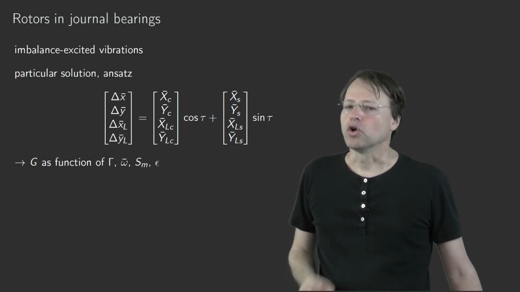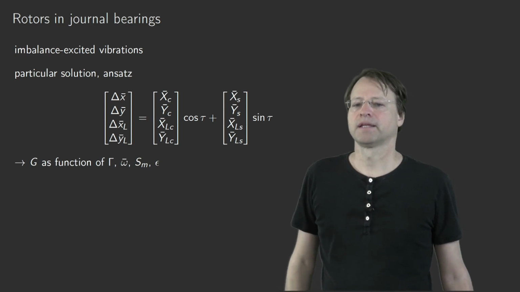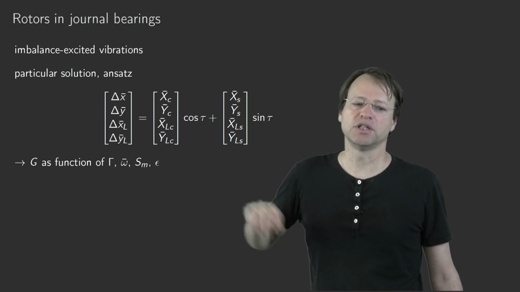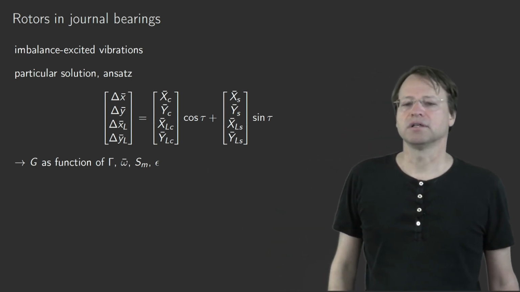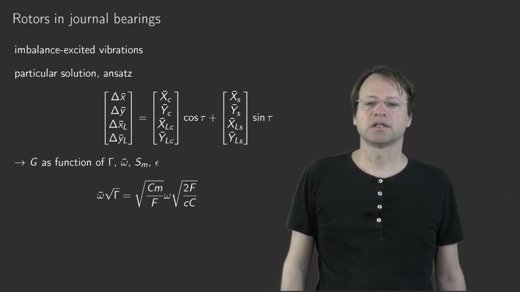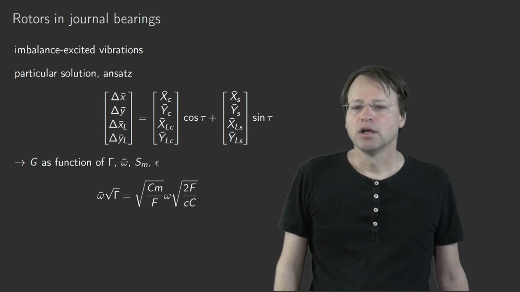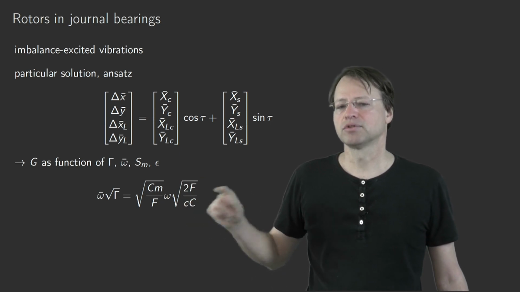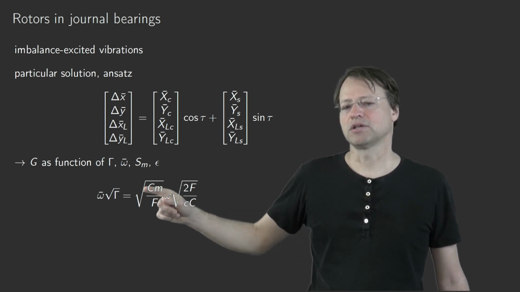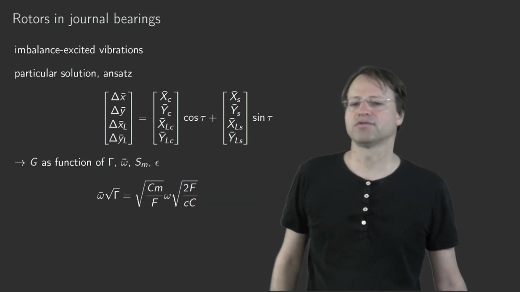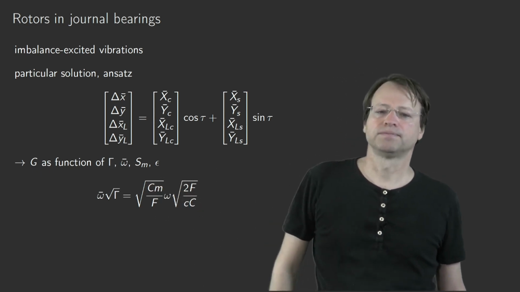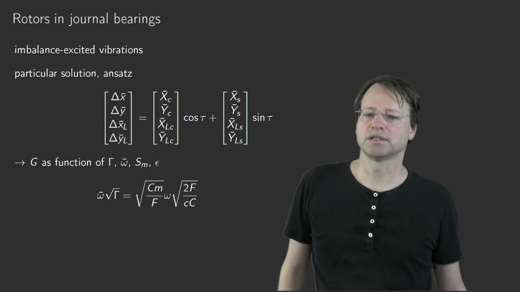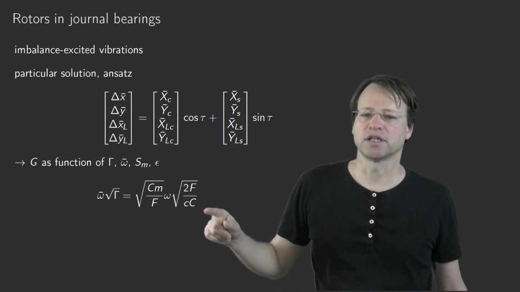In order to represent the influence of gamma on G, I introduce a new parameter, which is omega bar times the square root of gamma. For omega bar, we had the square root of Cm divided by F, times omega. For gamma, that compliance, we had 2F divided by C and c, so stiffness and clearance.